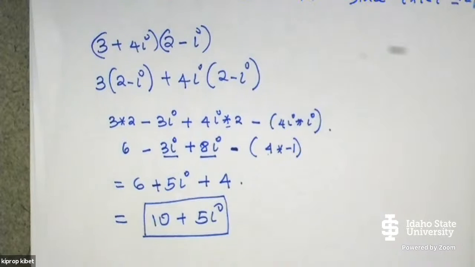Are we together? As long as you know, let me write them here so that we don't forget. i multiplied by i is equal to what? The square root of -1 is equal to i. This is similar to -1 raised to 1/2 equals i.